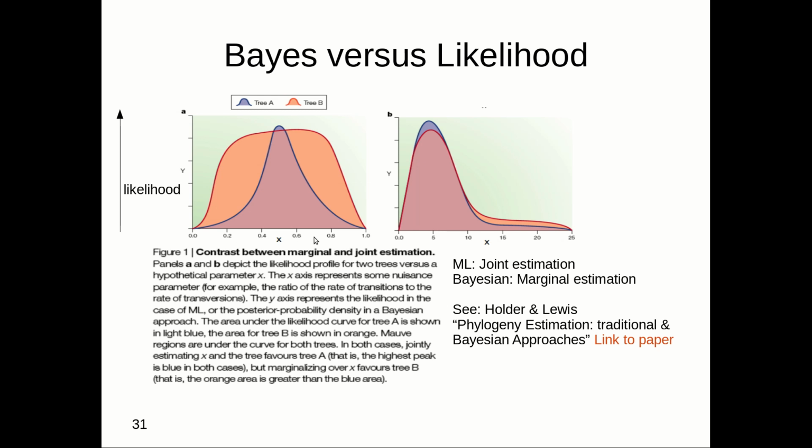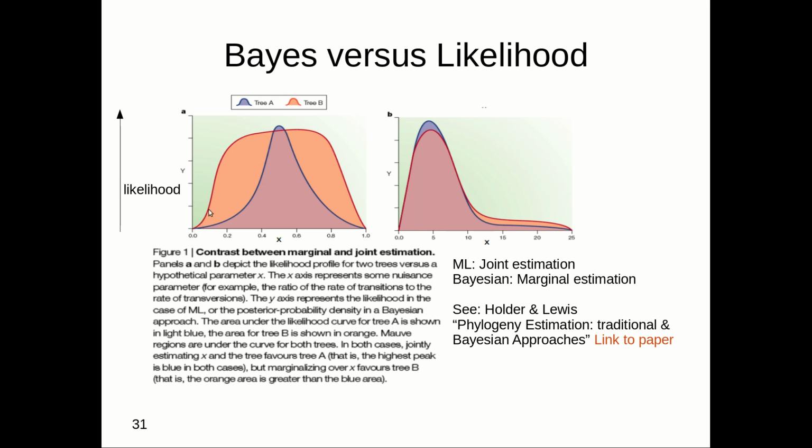This is a parameter of interest alpha, right? And we have two alternative trees, tree A and tree B. So maximum likelihood will prefer tree A, or return tree A, if this is the tree that for some value of x gets the absolute best maximum likelihood value.